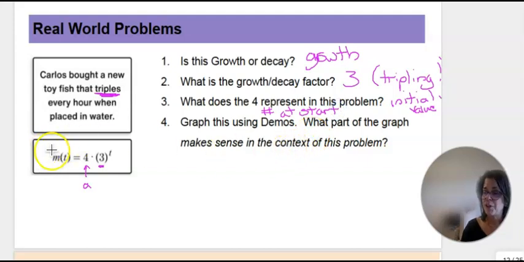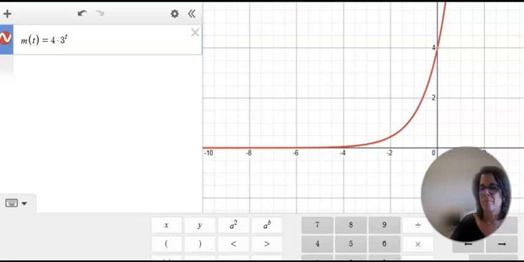All right, now I want you to graph this using Desmos, and you can use the M of t, or you can type y equals. Either way will be fine. We want to look at what part of the graph makes sense in the context of this problem. So I want you to pause the video and go ahead and put this in the graph in Desmos.